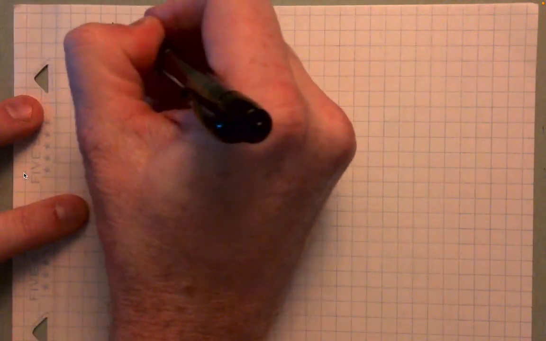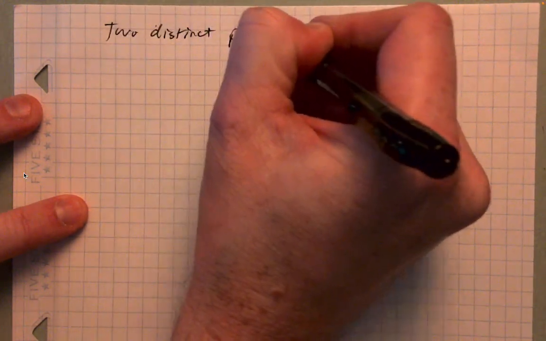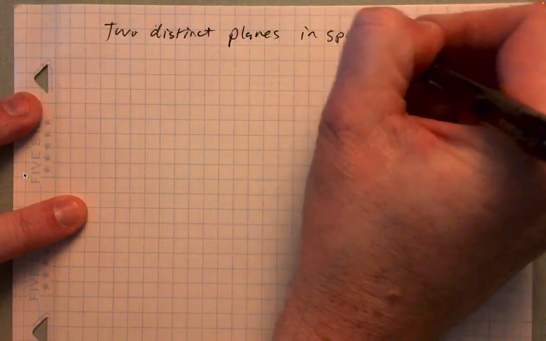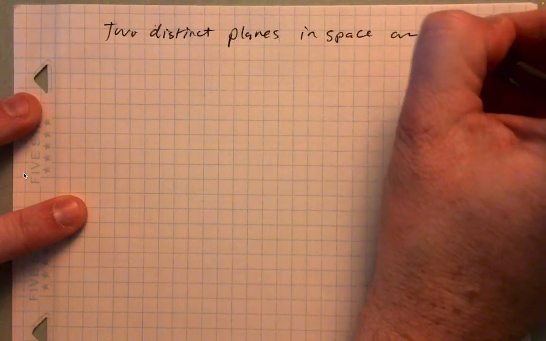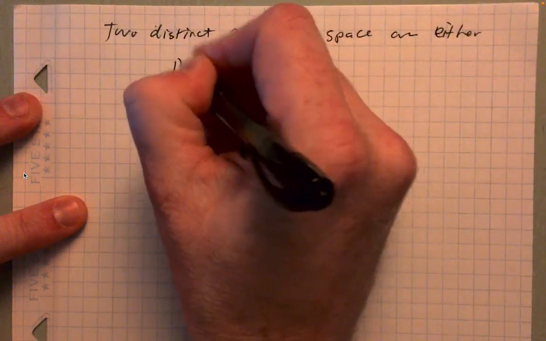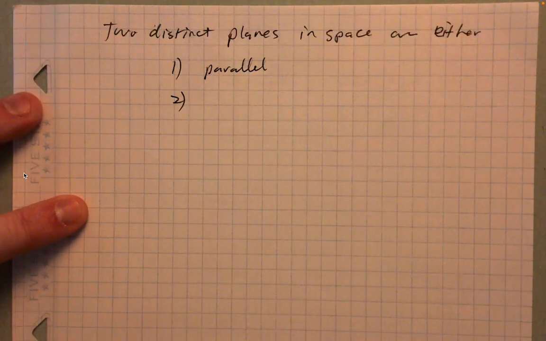So two distinct planes in space are either one, they can be parallel, or two, they can intersect.